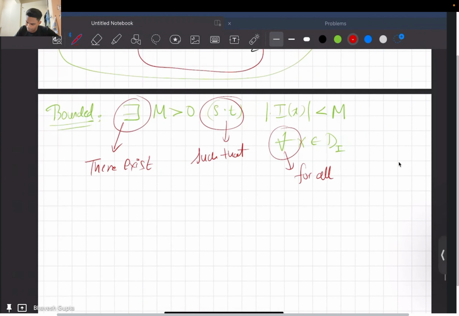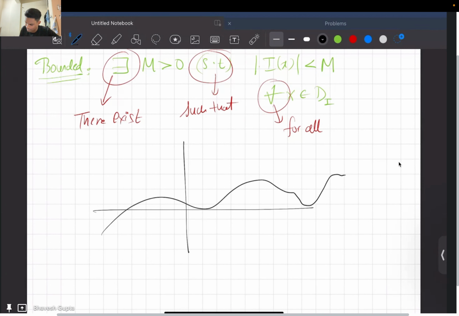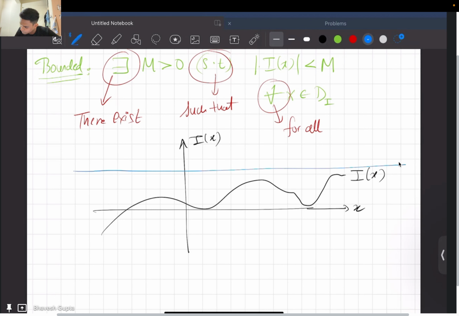So the idea is that let's say you have this function here, some I of x. You can see that this function is bounded, in the sense that there exist two horizontal lines, and inside those horizontal lines my function is confined. Did you get this point?